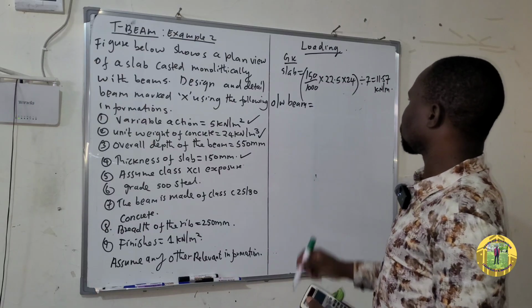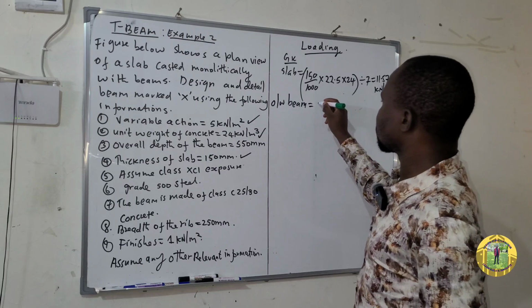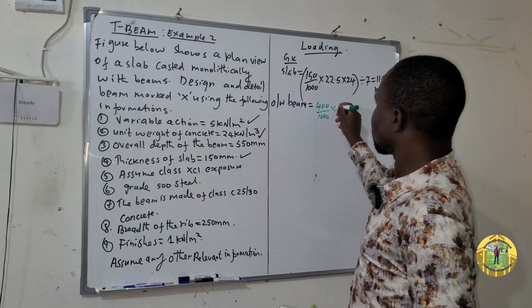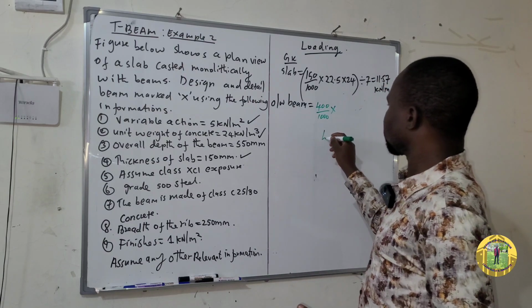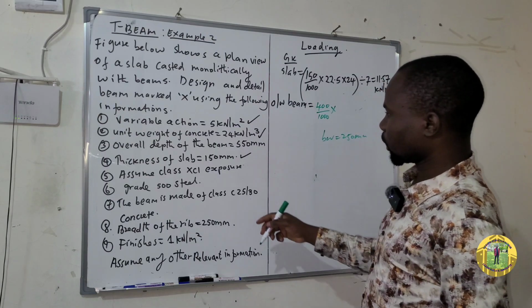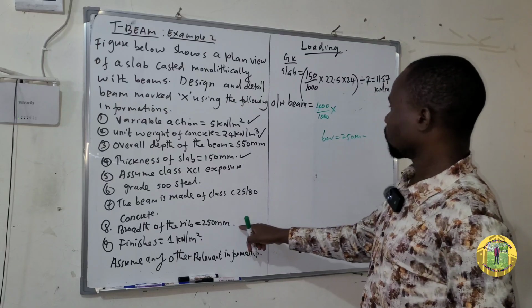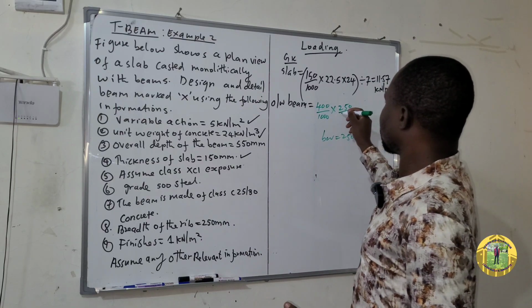Again, take 400, convert it to meters, all over 1,000, times the breadth of the beam, which is equal to 250 millimeters. Here it is, the breadth of the rib, times 250 all over 1,000.